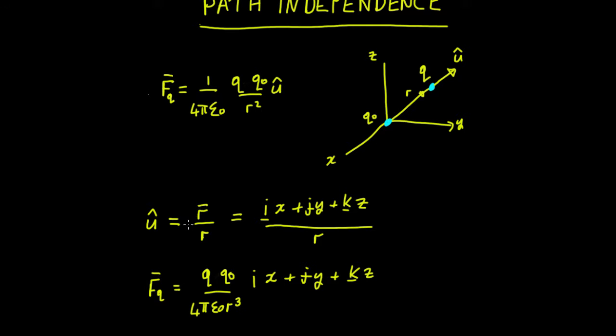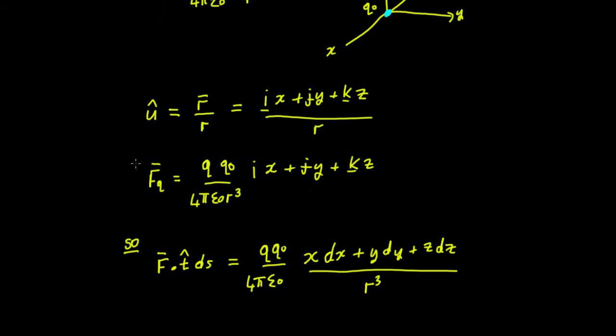You can write r simply as a vector, i x plus j y plus k z, giving us the position there, and if we divide it by the length of r, we get our u hat.